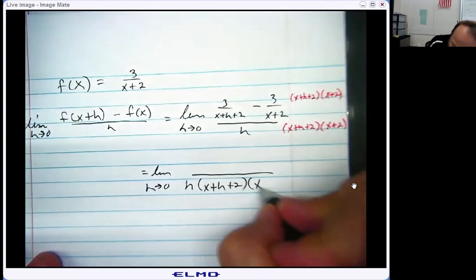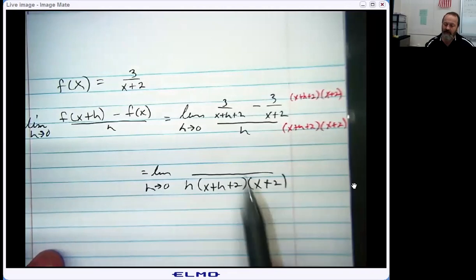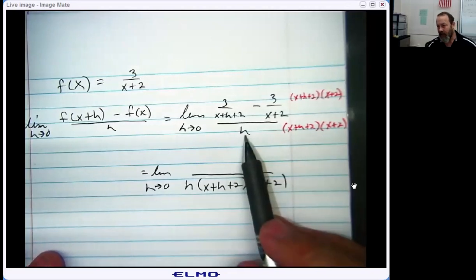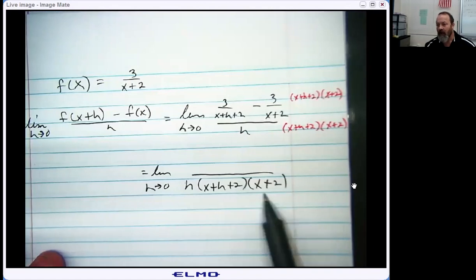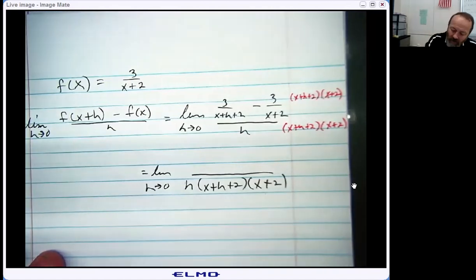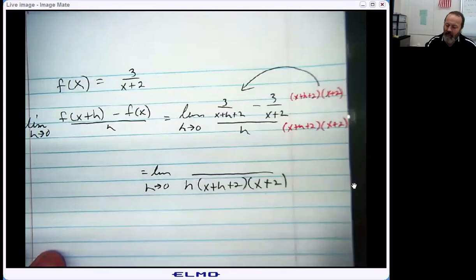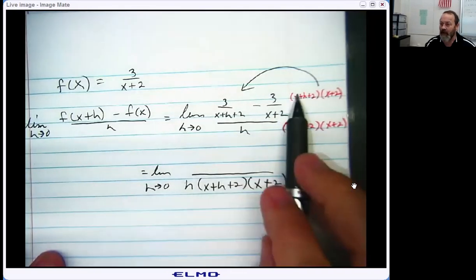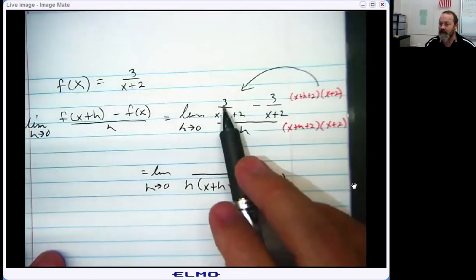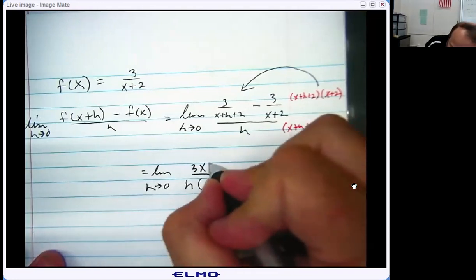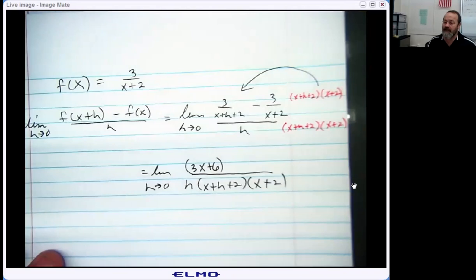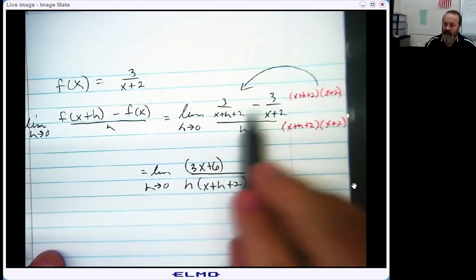Now, what I'm hoping happens when we're all said and done is this original h that is my denominator is going to go away. So this should go away, and these two things right here should stay. Now, of course, when I distribute this to here, the x plus h plus 2 here and here will cancel, and all I'm going to have left is the 3 and the x plus 2. So that's all I see from this first distribution.